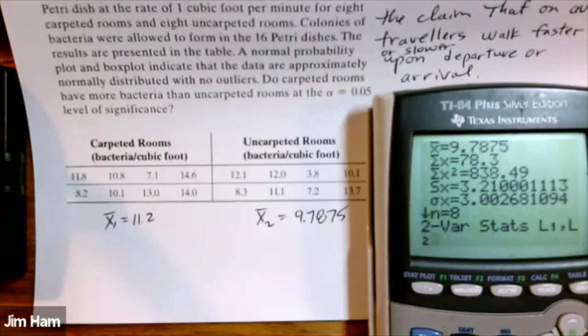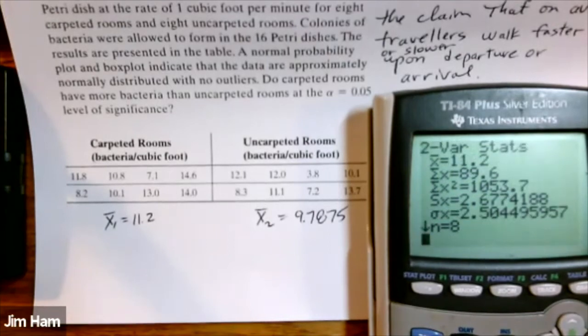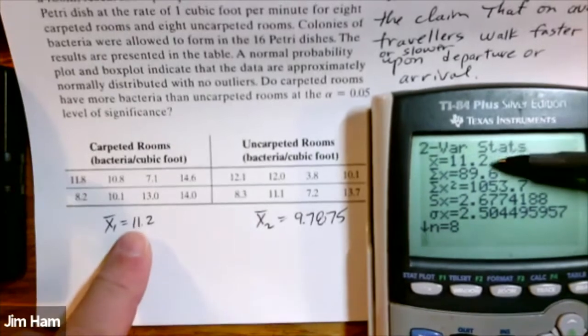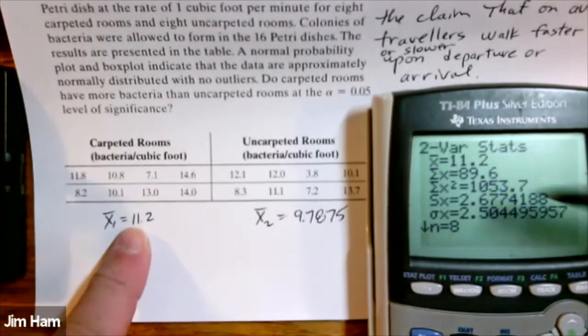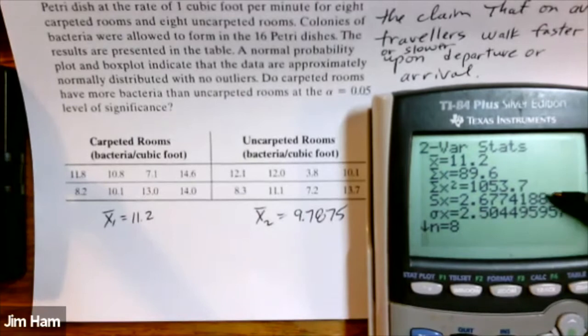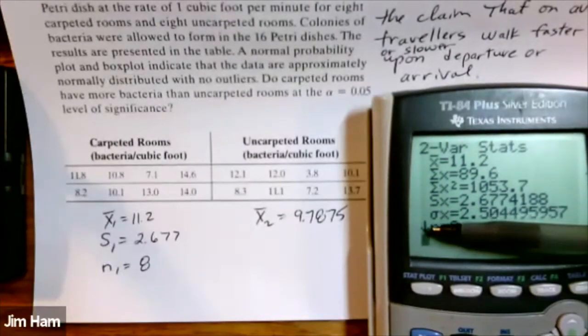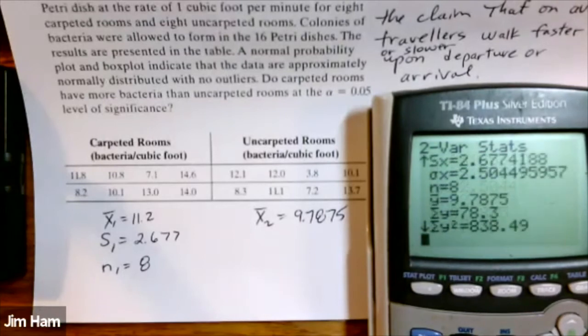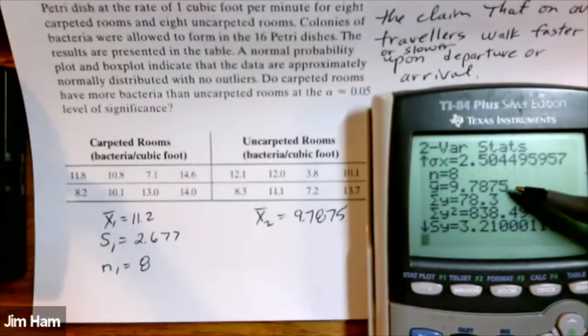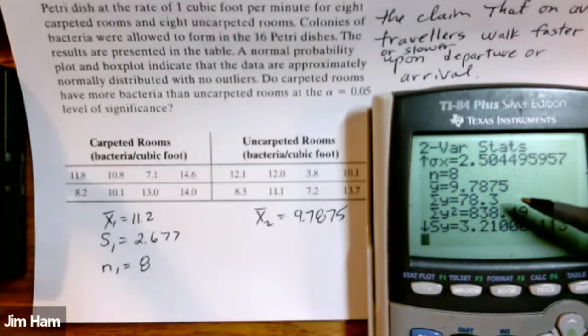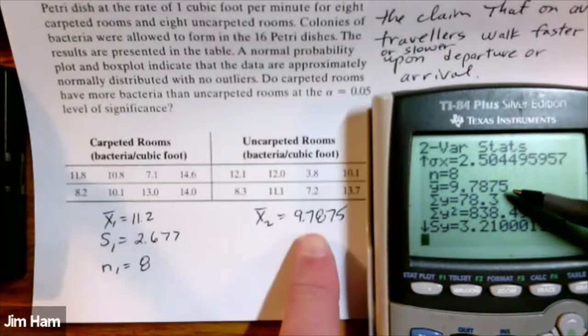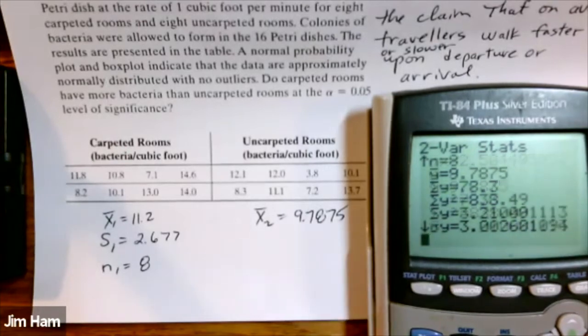If it asks for a frequency, just say 1, and then here you see the 11.2. I'm going to write down the standard deviation and the sample size, and notice that there's more down there. If you scroll down, it gives you the second list in terms of the Y's. So you can see our 9.78. You don't have to use this function, but it's there.